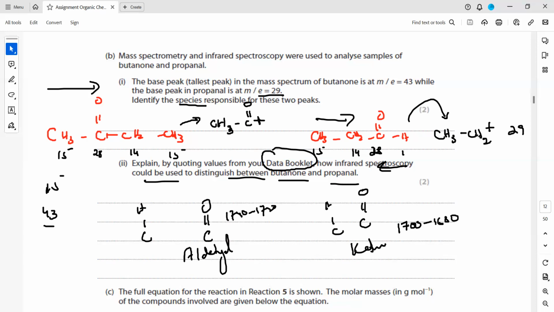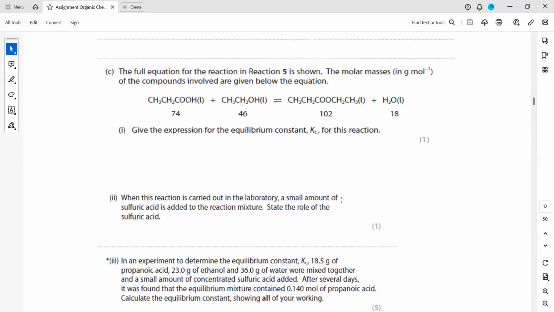Usually for an aldehyde, the CH peak is from 2900 to 2820. Bonds are identical, but because their environments are different, it will result in a different absorption. So sometimes we may have the same bonds but different absorption because of their environment, the surrounding molecule.